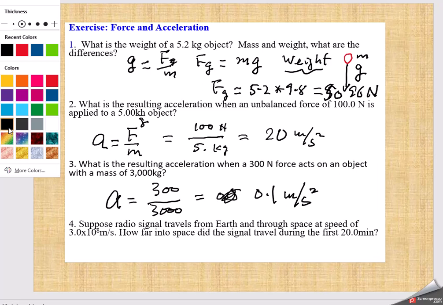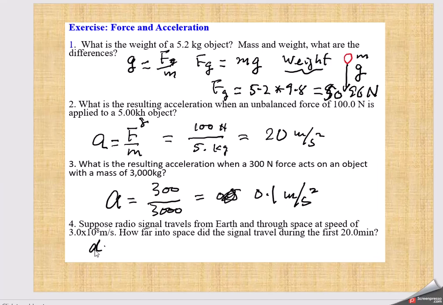So the last question is actually back to the regular motion. This time, the object is light. We will learn later down the road in physical science that light is actually energy that travels, but it follows the same idea of velocity and distance relation. The distance, again, is velocity times t.